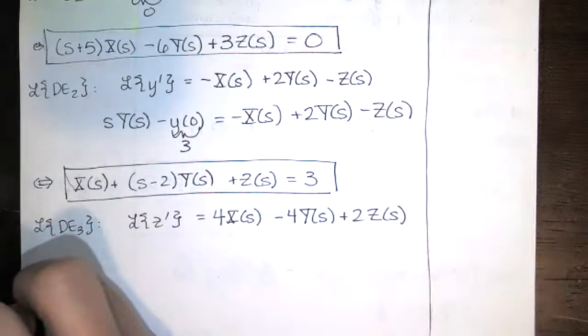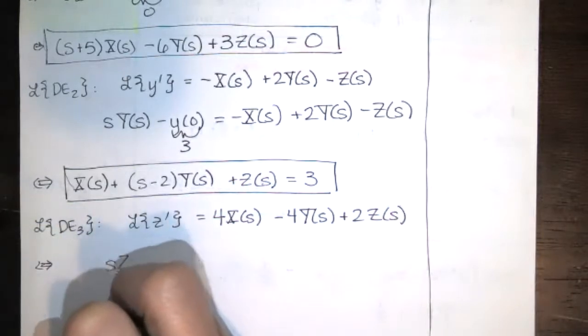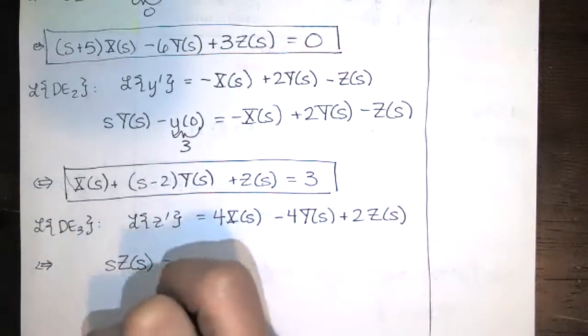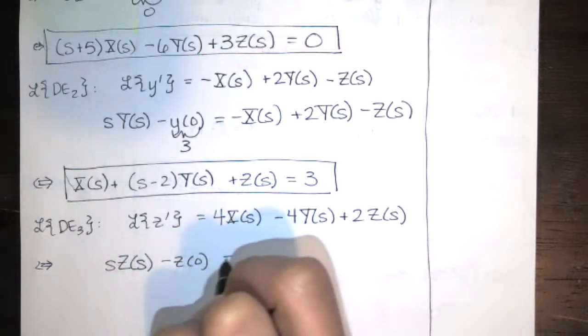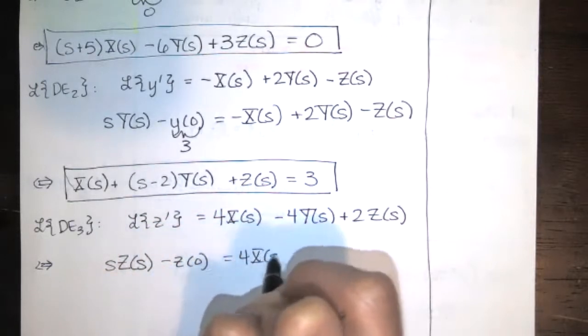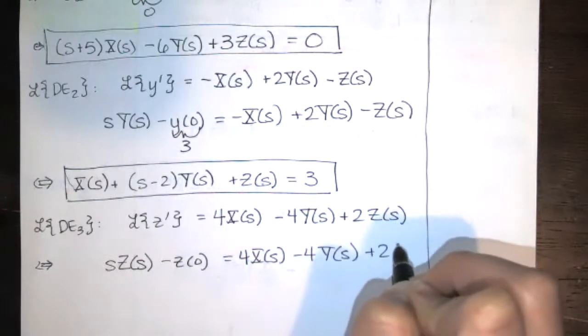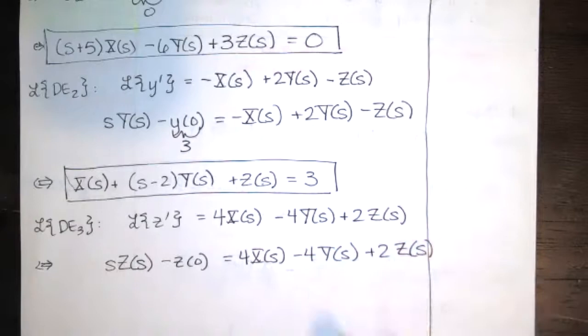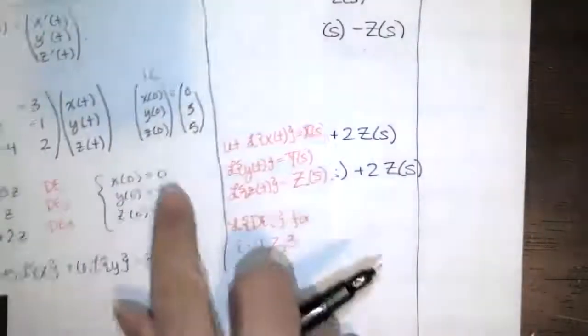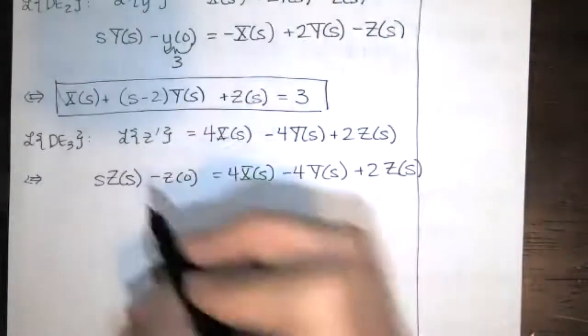And the Laplace transform of z prime is s times the Laplace transform of z, which is z of s, minus little z at 0. And little z at 0 was 5. It was given in the initial condition, so this is a 5.